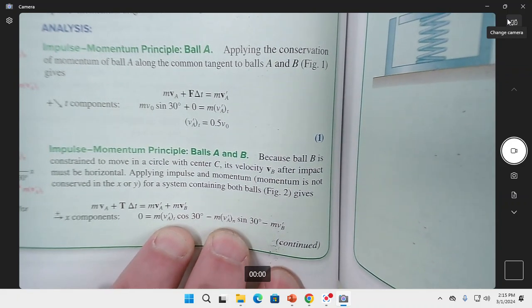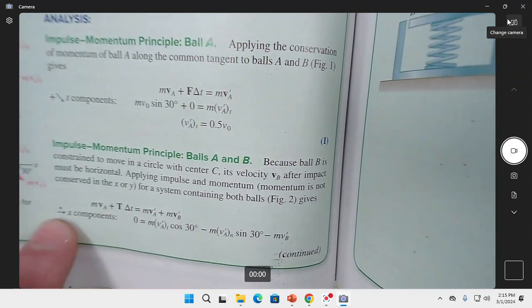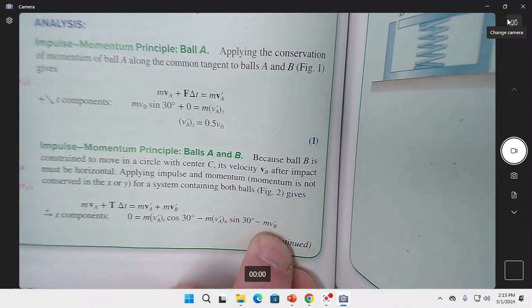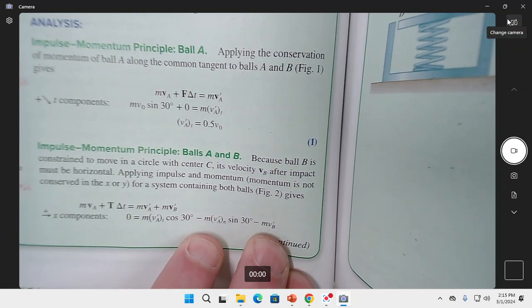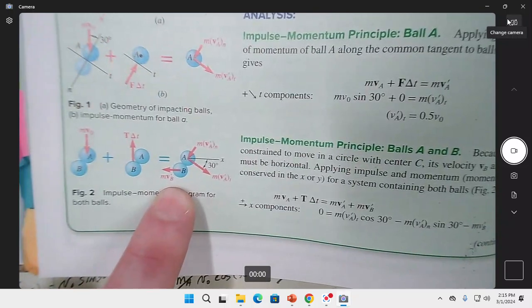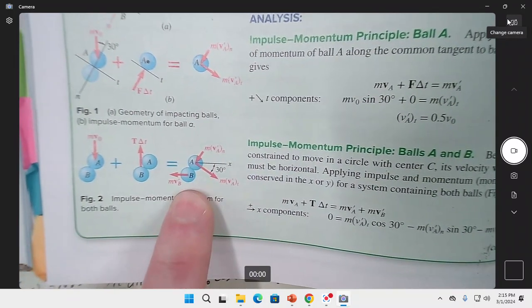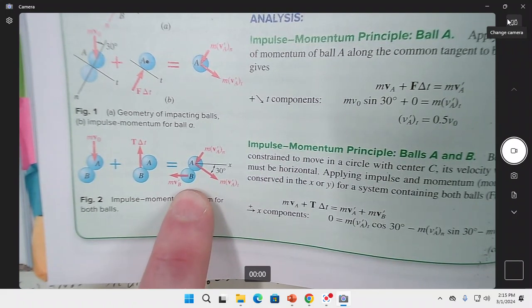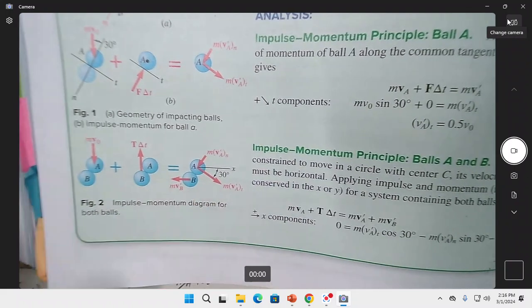It's in the X in this one right here. In this instance, B can't go upwards and it can't go downwards. You've established that it has to be entirely in the X direction.